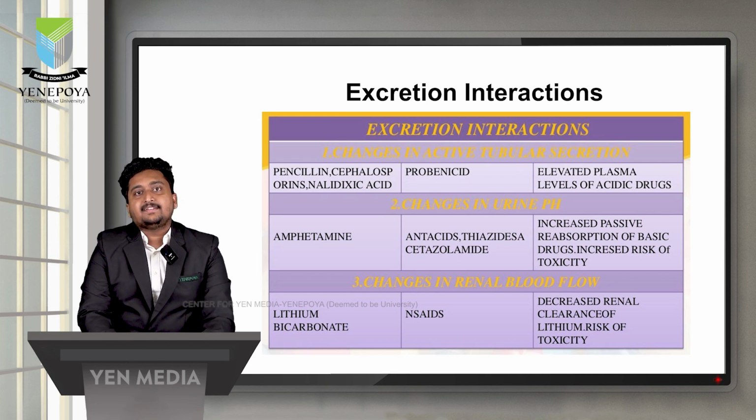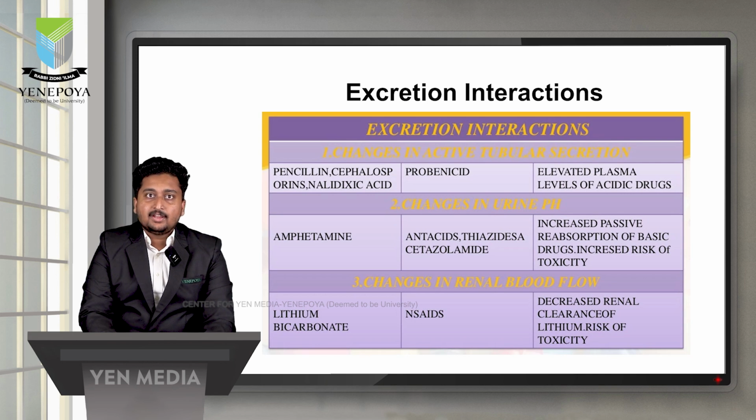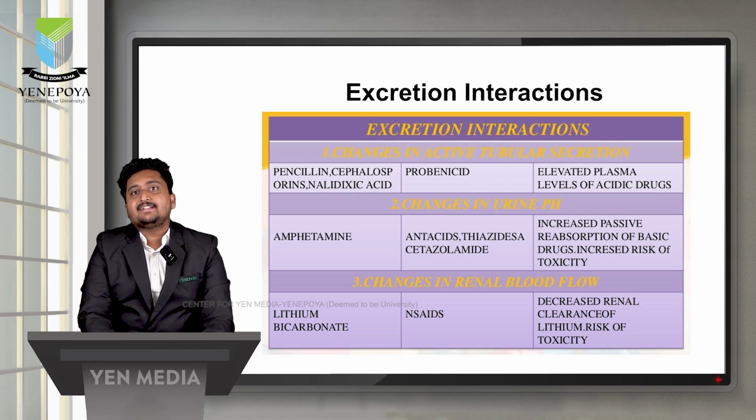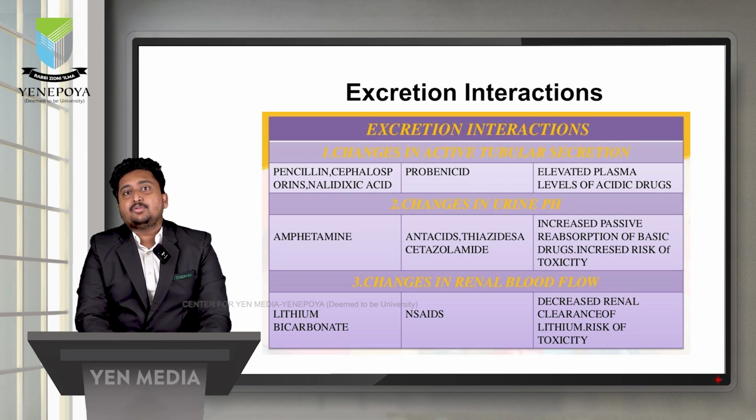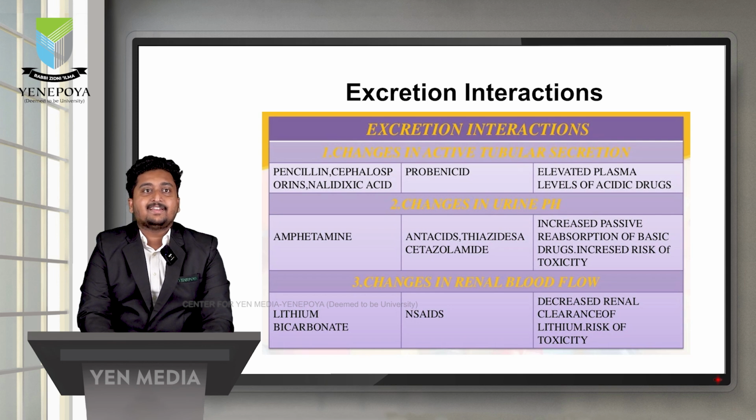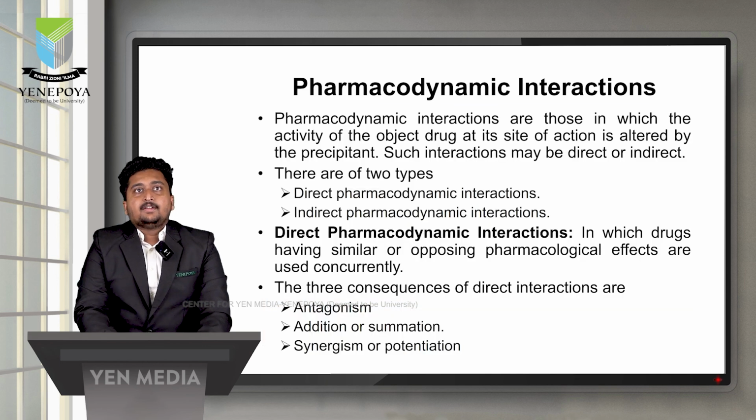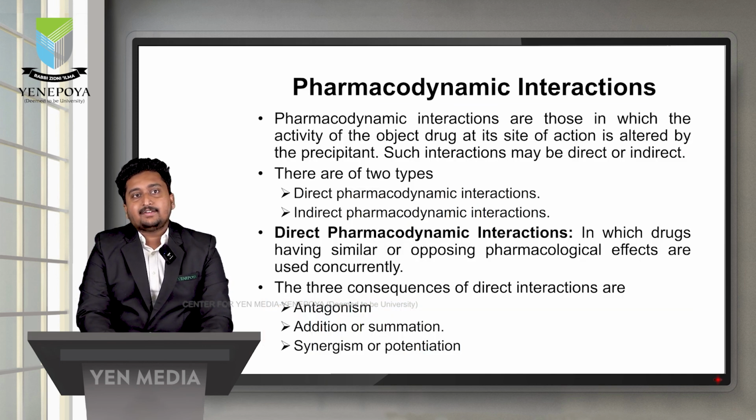So in case there is increased renal blood flow, there is increased excretion, but in case of less renal blood flow, obviously there is decreased renal clearance, and that might result in increased risk of toxicity. Especially drugs like lithium with a narrow therapeutic index might cause toxicity very easily. So moving on to the next type, we have completed pharmacokinetic interactions.